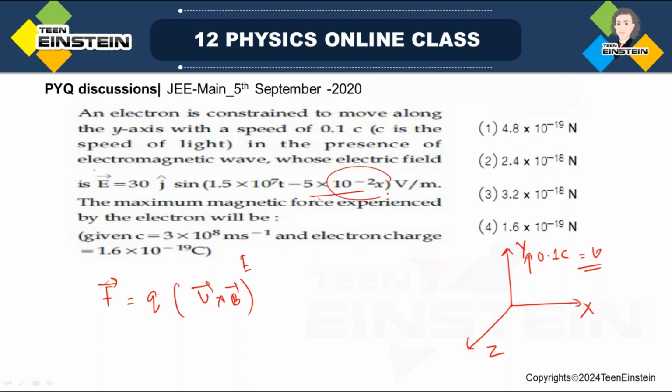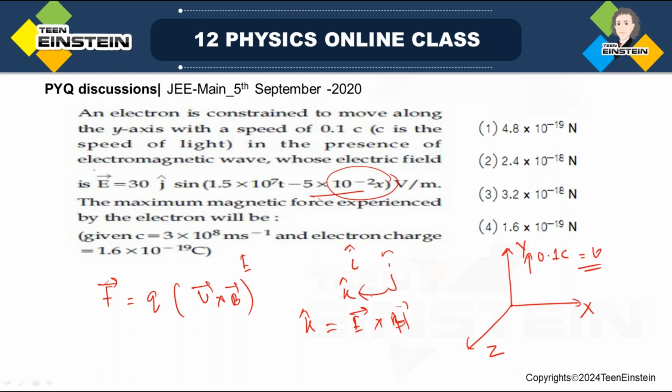Here the electromagnetic wave is propagating along the positive x direction, because it is minus kx. If I say i, j, k, the propagation direction will be given by E cross B, or E cross H. E is along y here, and the propagation is along i.